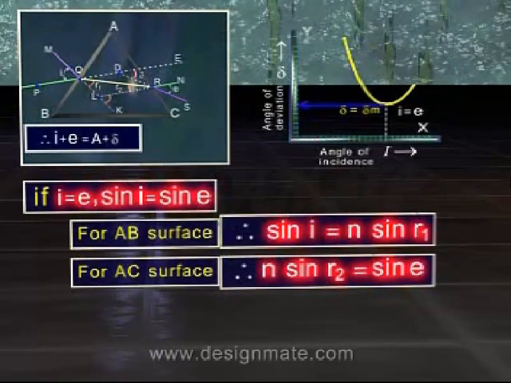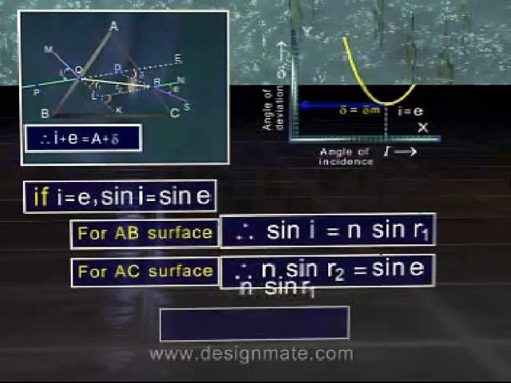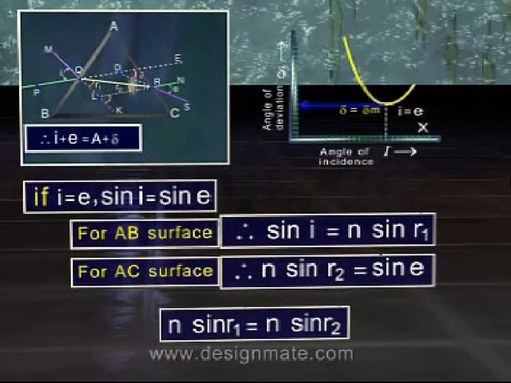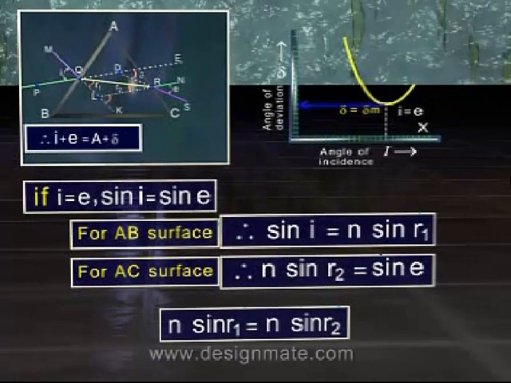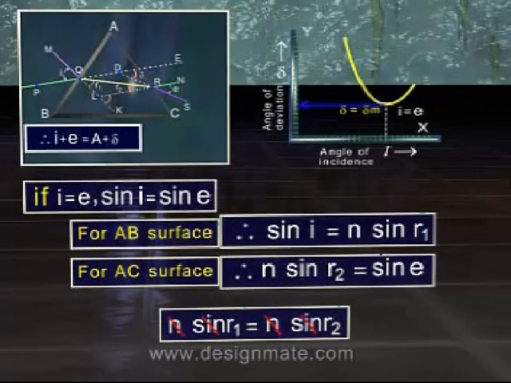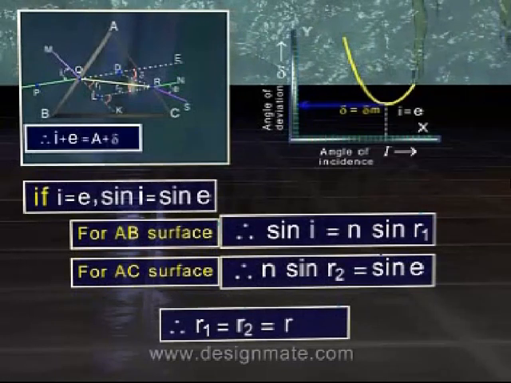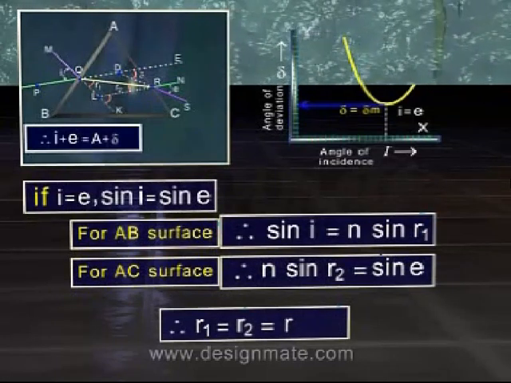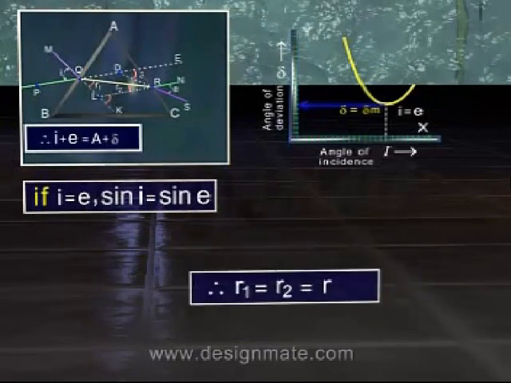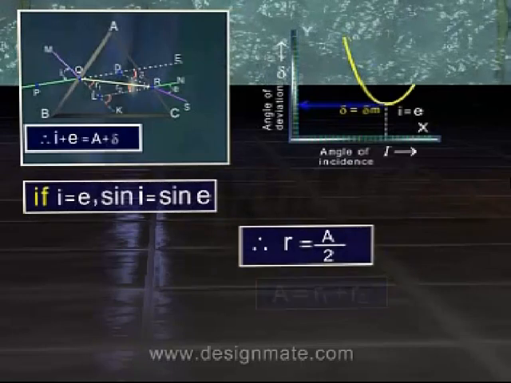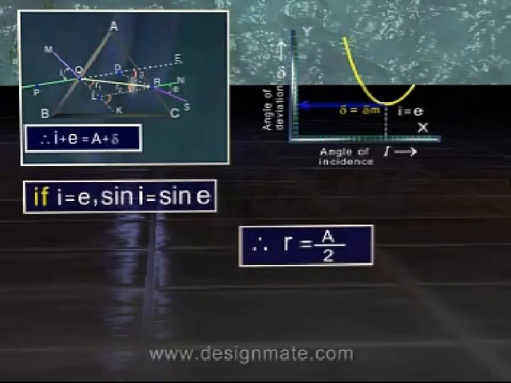From these equations, we get N sin R1 is equal to N sin R2. Therefore, R1 is equal to R2 is equal to R. From the equations, R is equal to A upon 2.